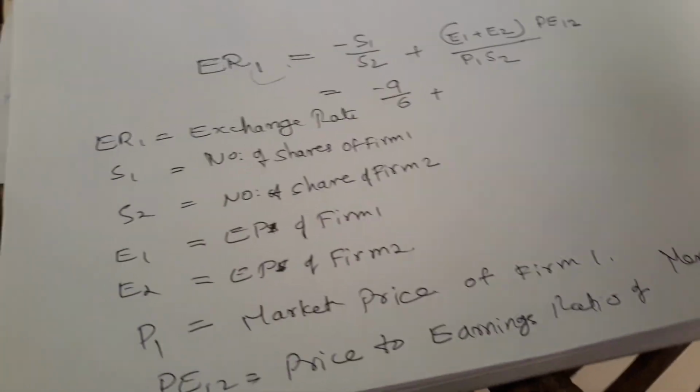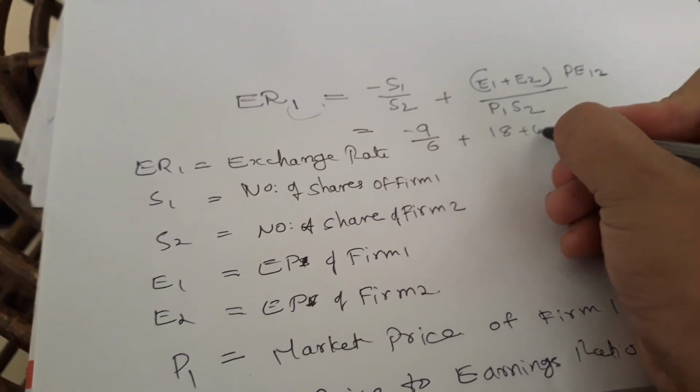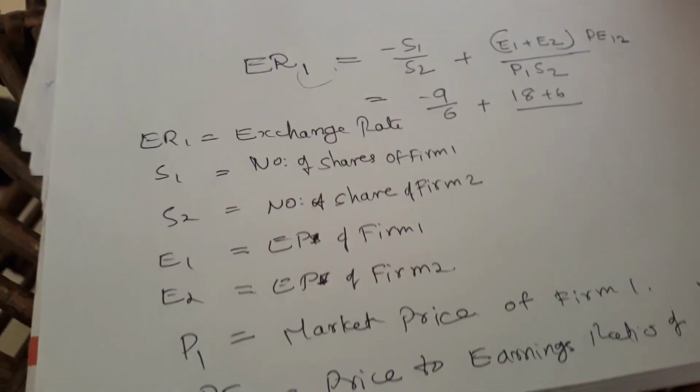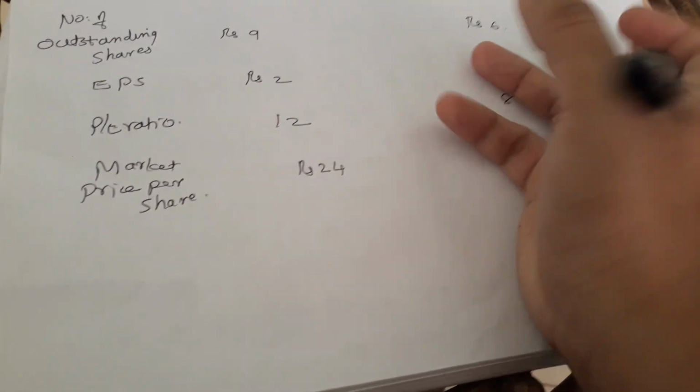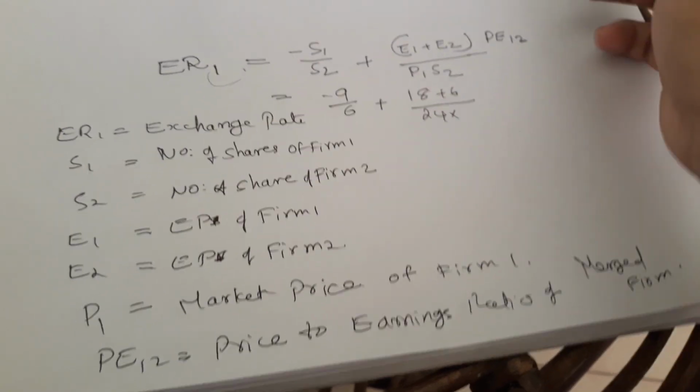So by substituting this E1 plus E2, what will we get? 18 plus 6 divided by P1. What is P1? P1 is the market price of firm 1. So how much is it? 24. 24 into S2.